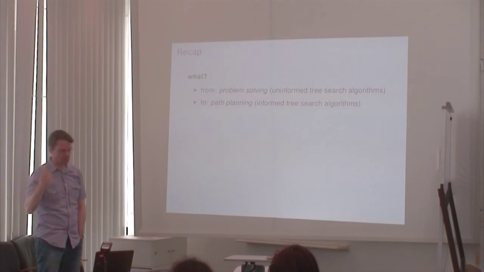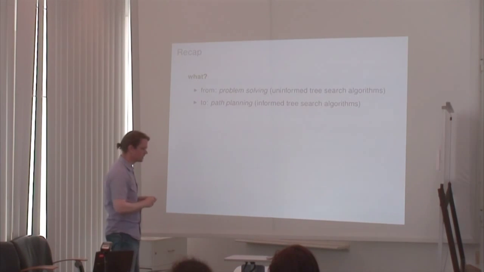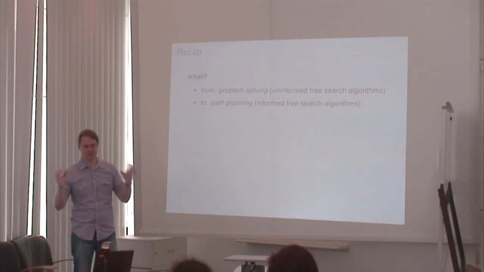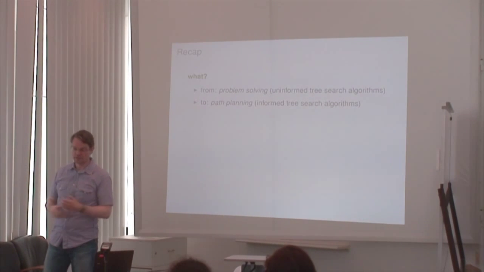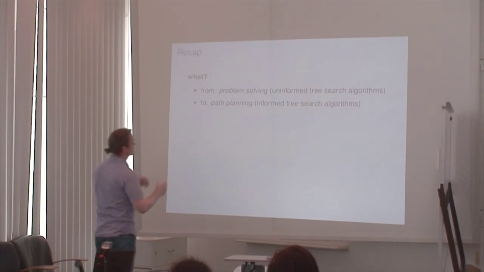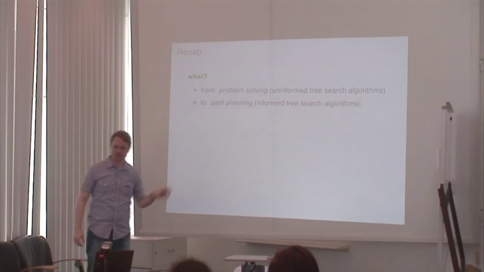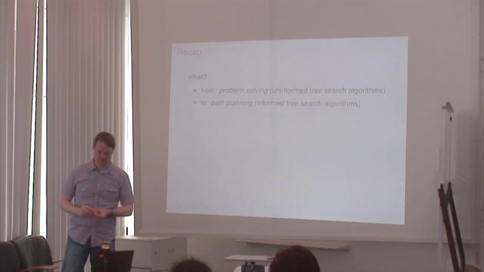Again, you remember that problem solving deals with well-defined problems. It's basically to say we have some sort of state space, some sort of successor function, initial states, goal states, path costs, and therefore it is obvious that this problem of path planning, if we cast it as the problem of finding a path in a graph, can be attacked using these tree search algorithms.